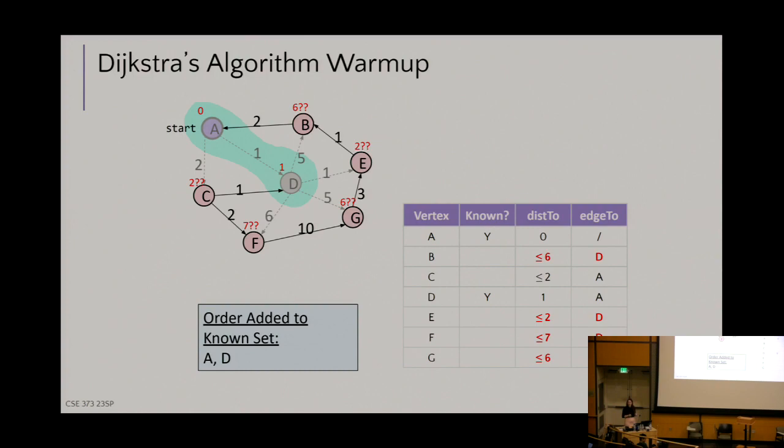Do you remember on Friday we talked about this magical structure that would keep all of the possible next vertices sorted in minimum order, and that would pop out for us the next closest vertex if we removed them? Anyone know what I'm getting at? I heard it. Yes, please help us. The priority queue heap, yes.